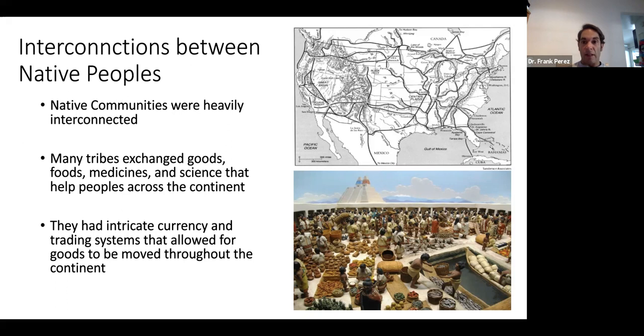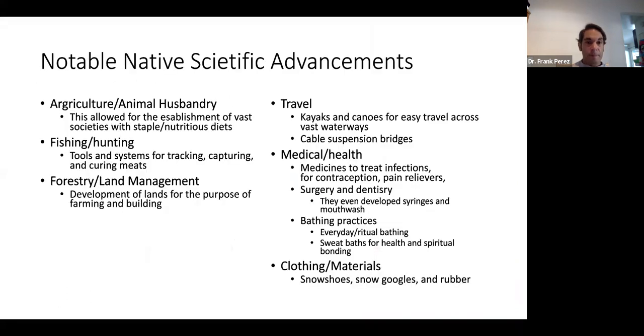For example, tropical bird feathers from Mexico and Central America, and headdresses up in the northern United States region for certain ceremonial tribal dresses, right? And so there was a vast cultural exchange, and Native peoples had existed fairly well, much prior to Columbus. And we can see an example of an indigenous market here in Mesoamerica, right?